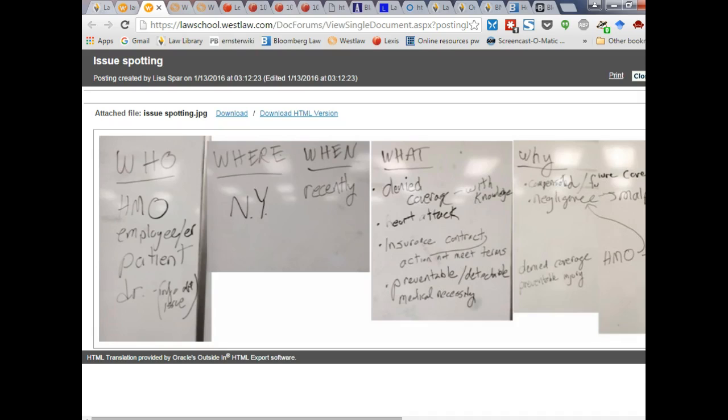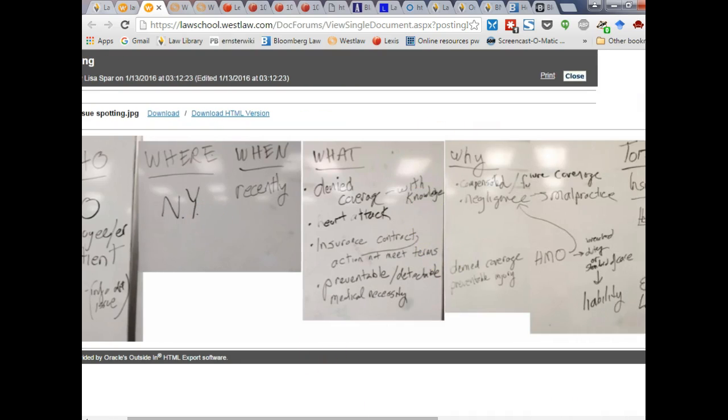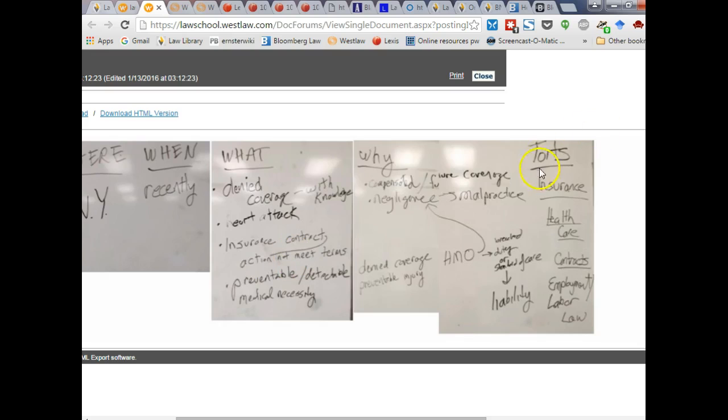So we thought about who, we thought about where, when, what, why. And then we thought about the broader areas that our issue may come under. So my question to you was, what law school class might you discuss this issue in? And we came up with a great list: torts, insurance, healthcare, contracts, employment / labor law.